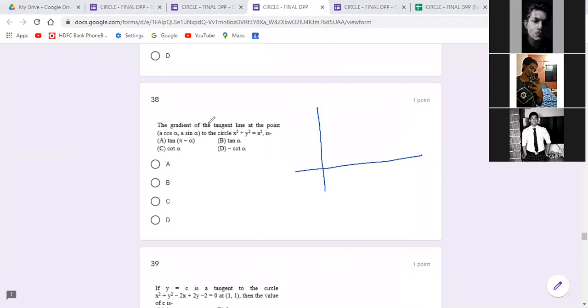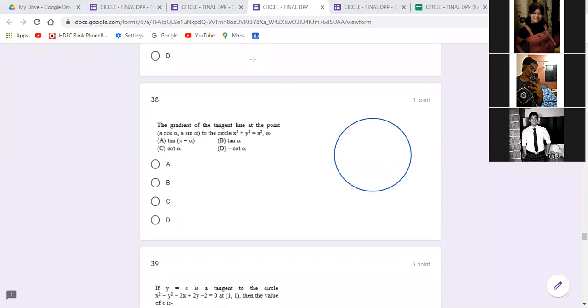The gradient of the tangent line at a point on the circle. Imagine a circle with radius A, with x-axis and y-axis. Here is a point A cos alpha, A sin alpha, so this angle is alpha.